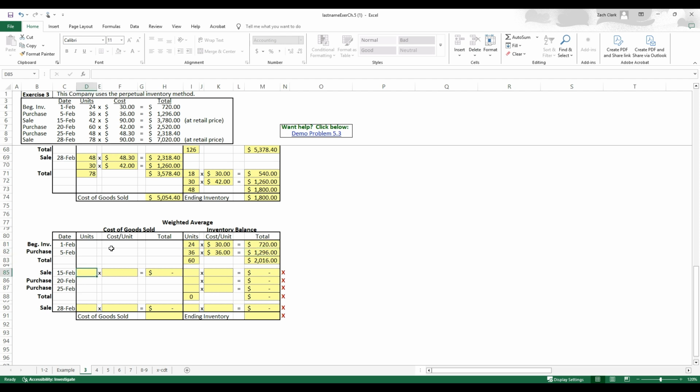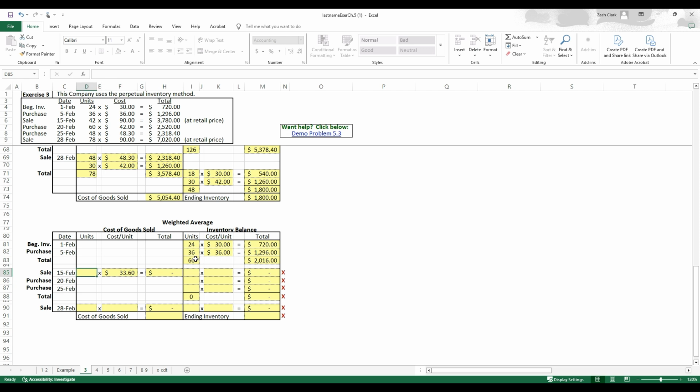Like I said, now we have a weighted average. We have 60 units and we have 2016. So the cost, because we're using the weighted average method, is going to be 2016 divided by 60.